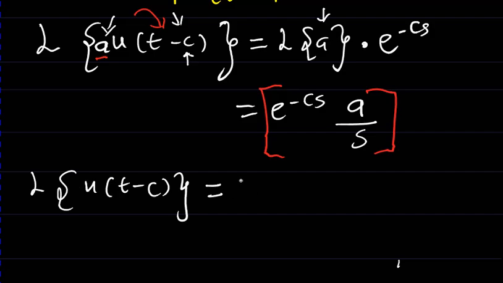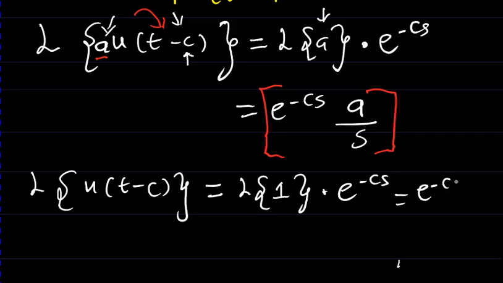So this is equivalent to the Laplace transform of 1, then of course multiplied by the shift of minus cs, which is equal to the Laplace transform of 1, that is 1 all over s. That is exponent of minus cs, then multiply by 1 all over s, which of course is, if I multiply by 1, I'm going to have exponent of minus cs, then of course divided by s. I hope that is well understood.